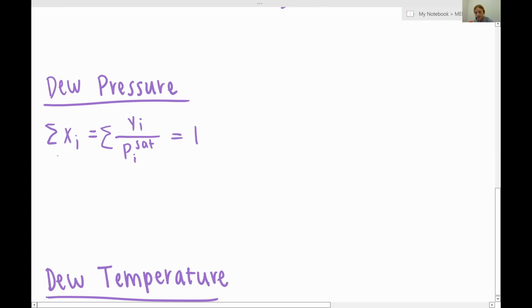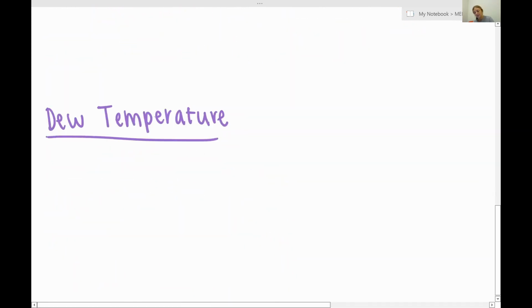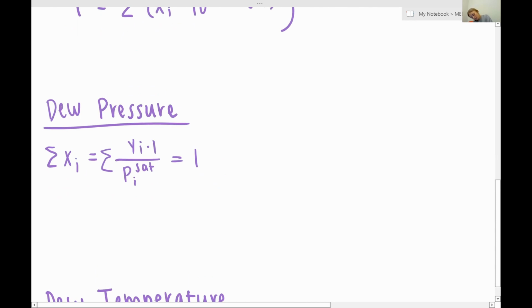So looking at our equation here, we know yi, the mole fraction in the vapor phase. We know temperature, so we can calculate the saturation pressure of the vapor. And we want to find our pressure. I left out pressure, so this should be yi times our pressure. Sorry. So that's what we want to find. So we can pull out that P and divide, so we can set everything equal to our total pressure.